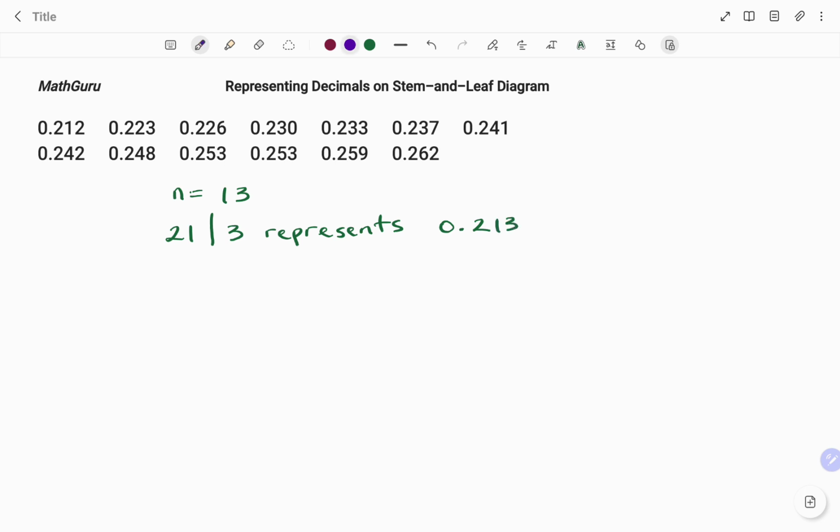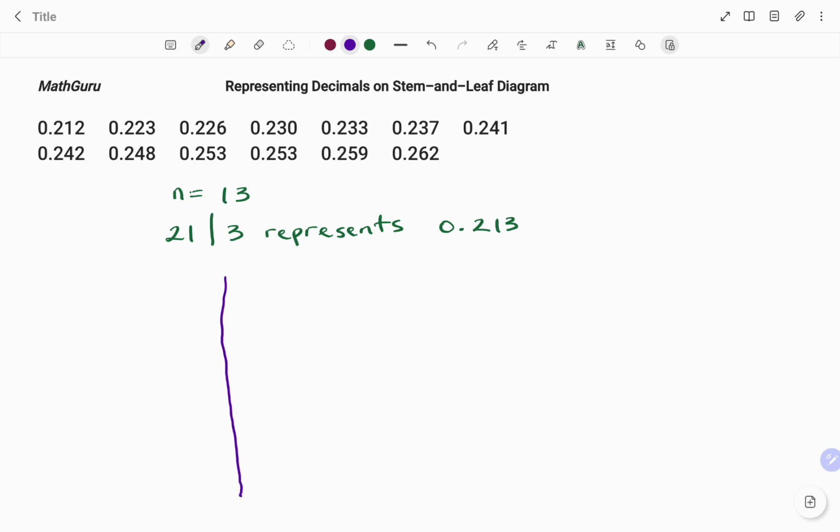So what that means is the first 2 digits after the decimal point will be my stem, and then the last digit is my leaf. So therefore, going ahead to represent my data, I'm going to start by drawing.